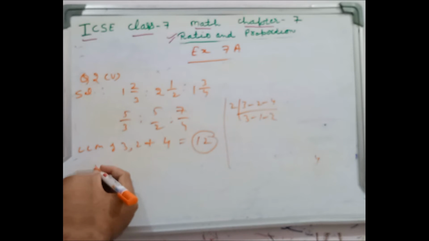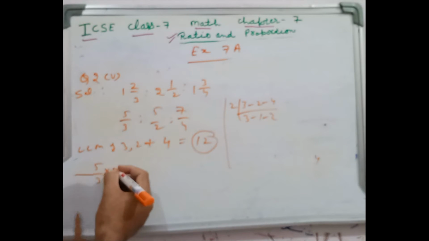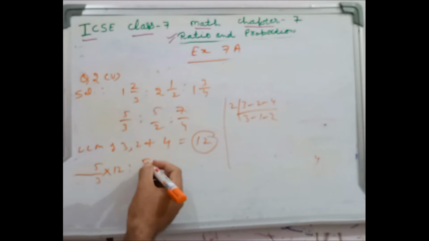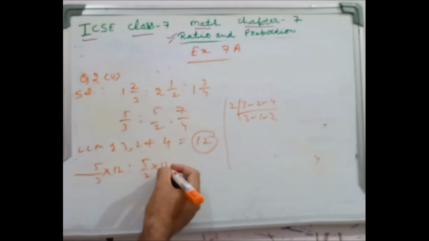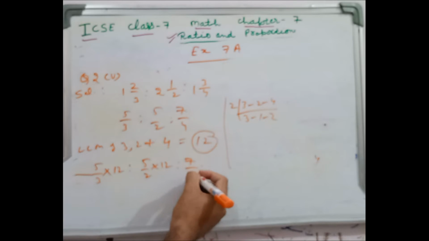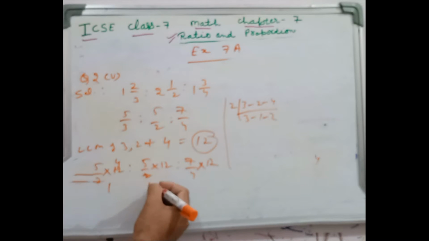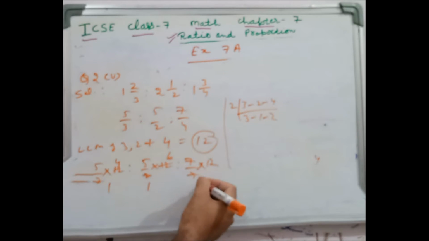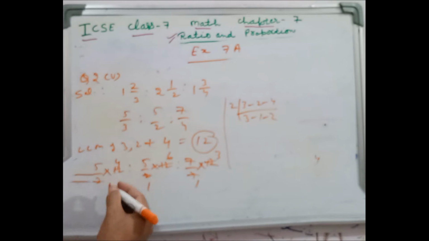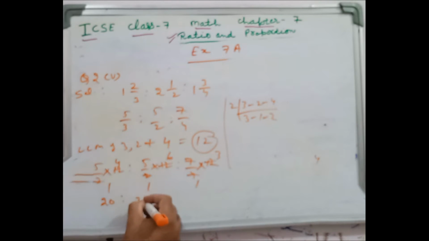So what will we do? 5 by 3 multiplied by 12 ratio 5 by 2 multiplied by 12 ratio 7 by 4 multiplied by 12. 3 4s are 12, 2 6s are 12, 4 3s are 12. So what is the answer? 5 4s are 20, 5 6s are 30, 7 3s are 21. So are they divisible by any common table?